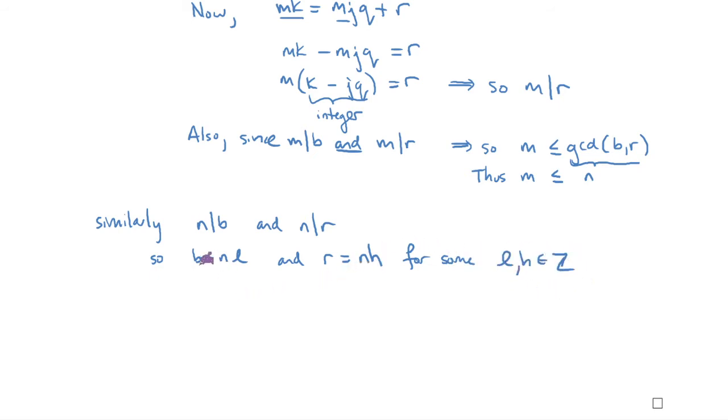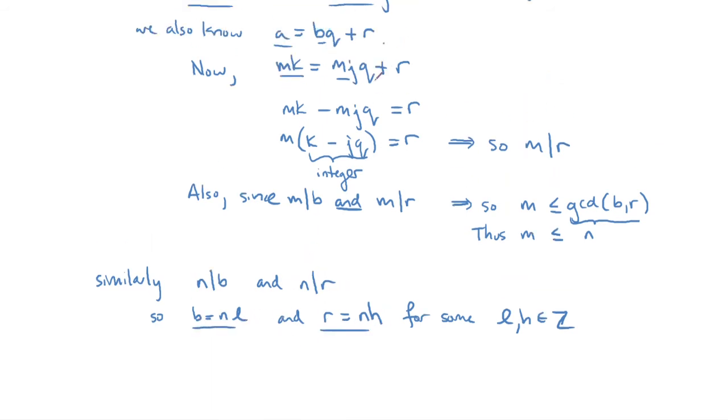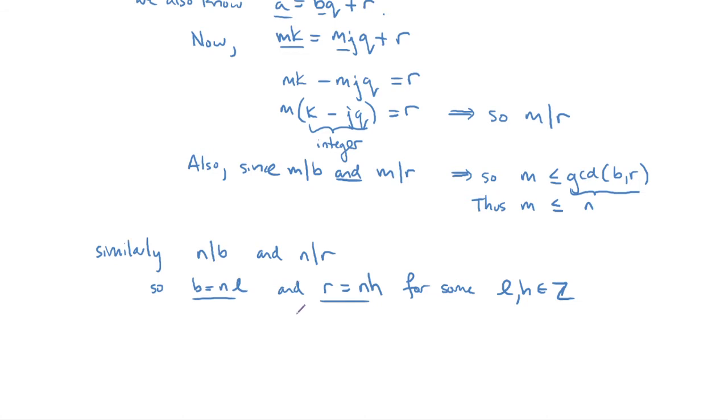Okay? And now take this information and plug it into that same equation that we had before, that a is equal to bq plus r. So now a equals bq plus r, and I can substitute for b and r here. So I'll have a is equal to nlq plus nh.